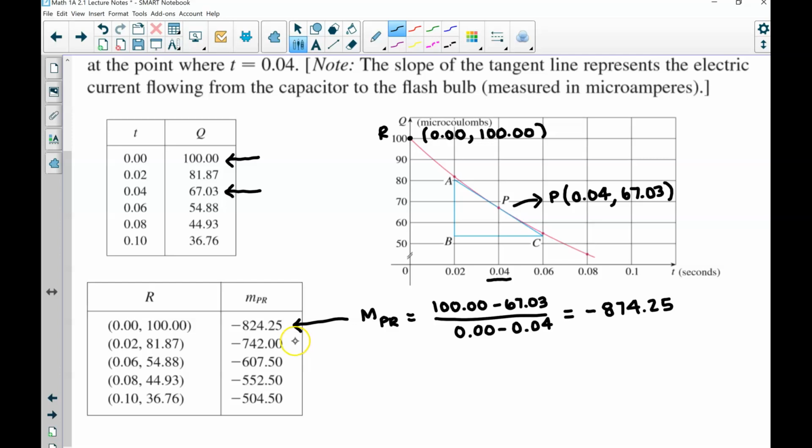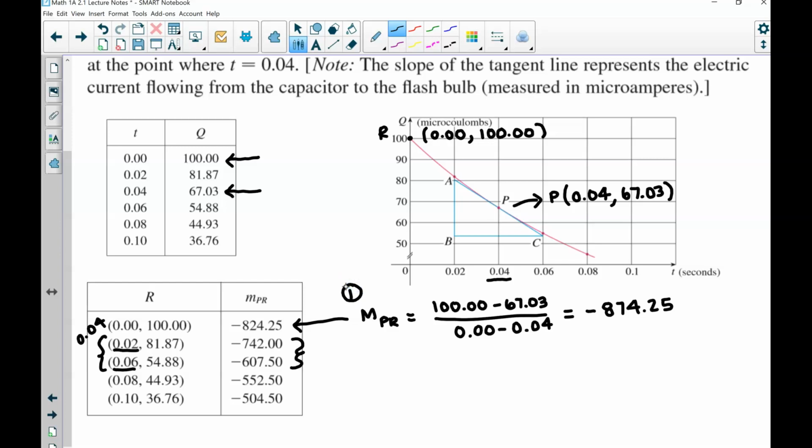If you look at the x values, they are 0.02 and 0.06. So 0.04 is in between those two values, which means that the slope would have to be in between negative 742 and negative 607.50.